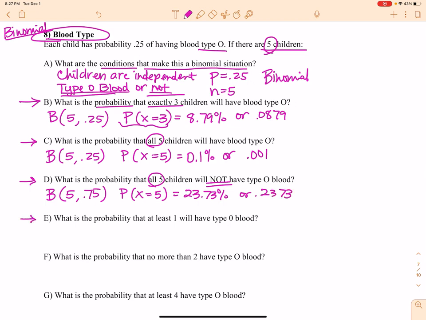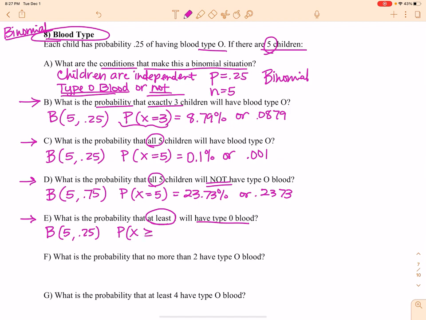All right, part E. What is the probability that at least one? Now things are changing a little. And I'm going to look at least one having type O. So I'm switching back over to 0.25 here for my distribution. And I am going to use an inequality this time. If I'm talking about at least one, that means it can't be fewer than one.